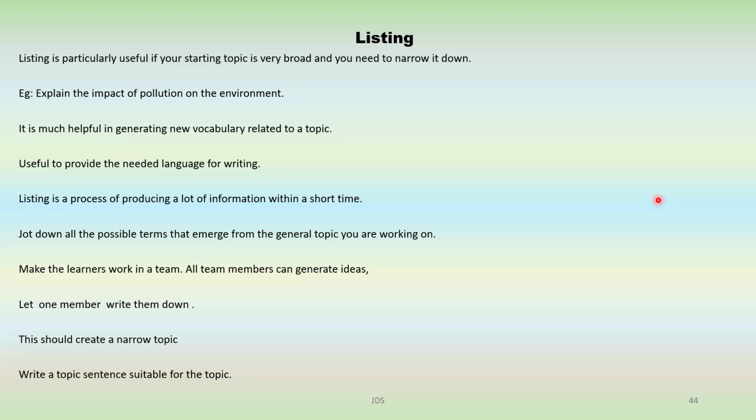Then you have to mingle the members from all 4 groups and make them develop the final draft. It's a very interesting kind of technique. It takes some time. You can't finish it within 40 minutes or half an hour. Definitely it will take more than that, 1 hour or maybe 2 or 3 periods, but it's worth doing it. It helps them to develop their language skills.